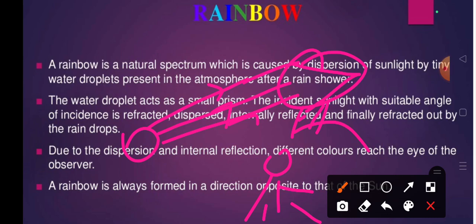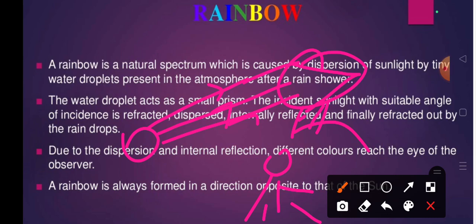And whenever it travels at more than the critical angle, then only total internal reflection is possible. Both these cases occur in a raindrop. Then, whenever the light rays come out of the water drop, that water drop acts as a prism. That's why the seven colors split, and those are visible to the observer.